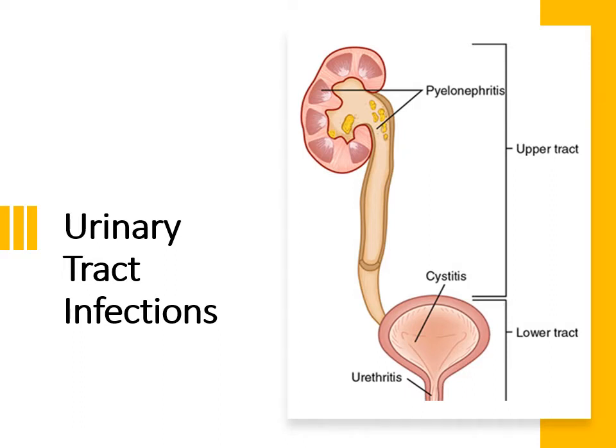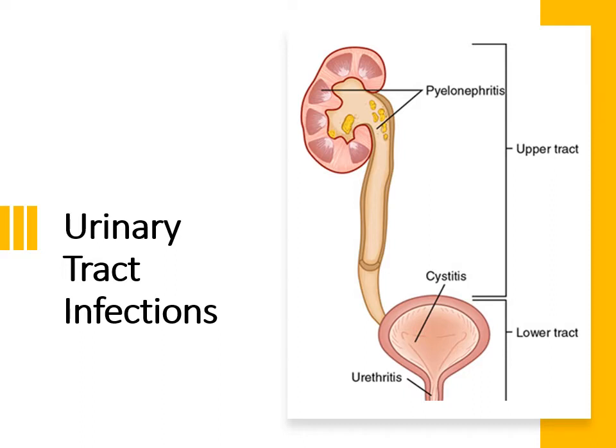So they may give a story of having painful urination, frequent urination, because they had a bladder infection, and then the bacteria went from the bladder up to the kidney and caused a pyelonephritis. Okay, so very different conditions in terms of severity.